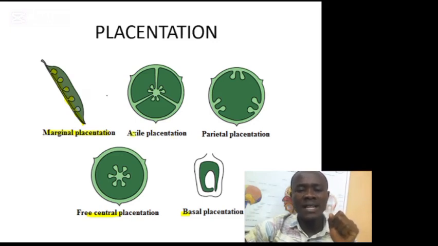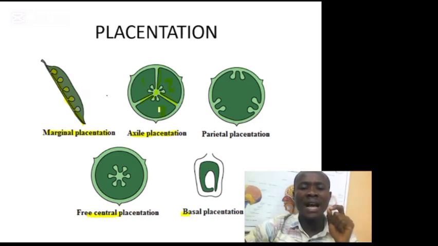Now we have the axial placentation. In here we have the central axis, this one at the center. Now this central axis is having septa dividing this one into locus. Now we have three locus here. We have one, we have two here, and we have three here.